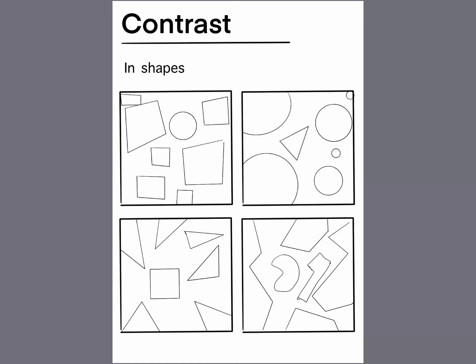I have a bunch of examples for you here to see. So let's take contrast in shapes first. Oh, before we look at the examples, why are we talking about contrast? Why is it important in visual literacy?